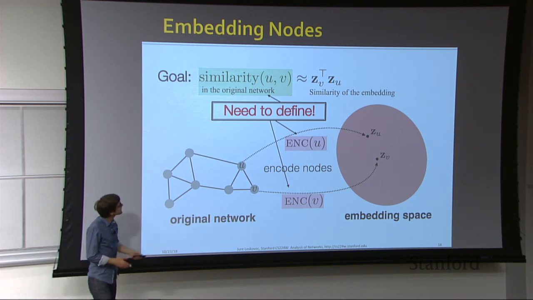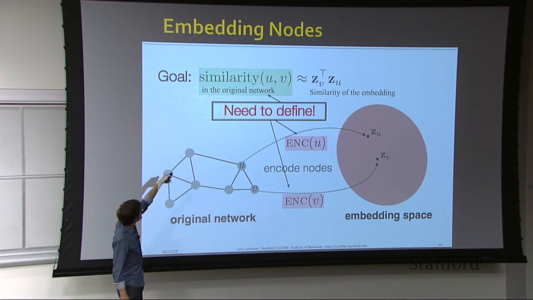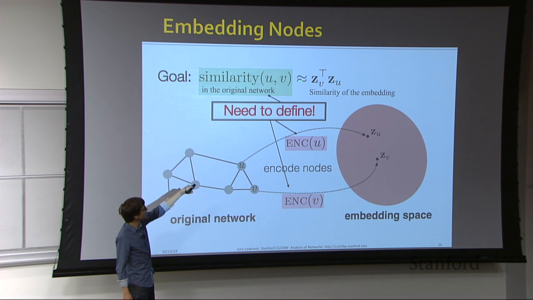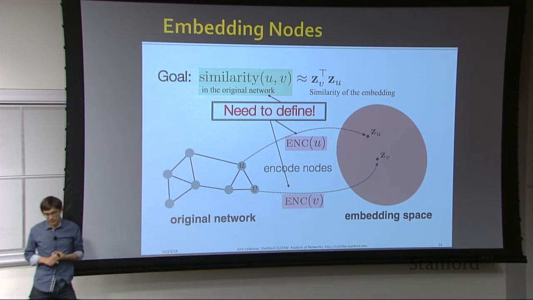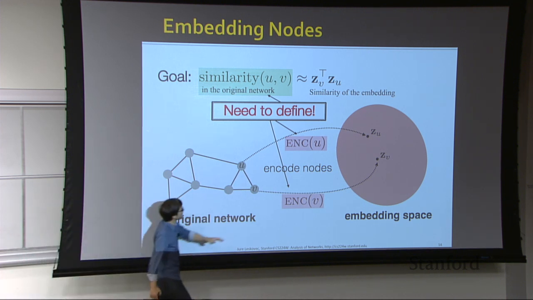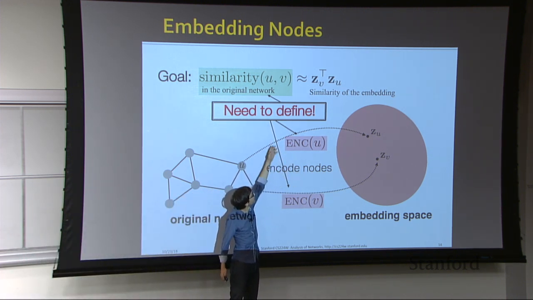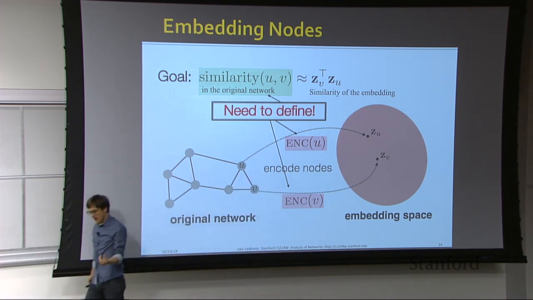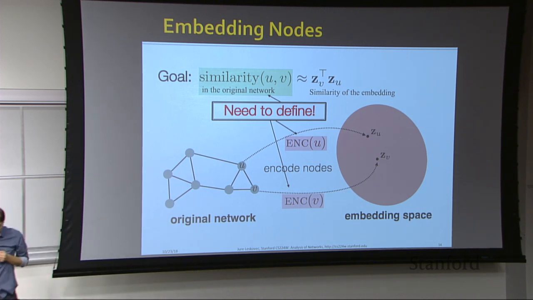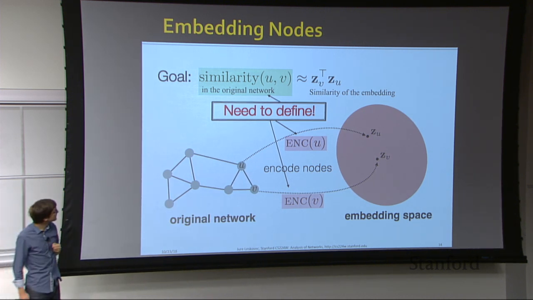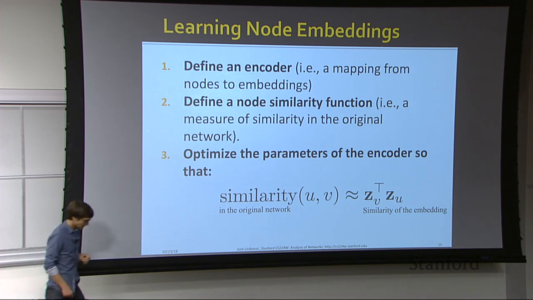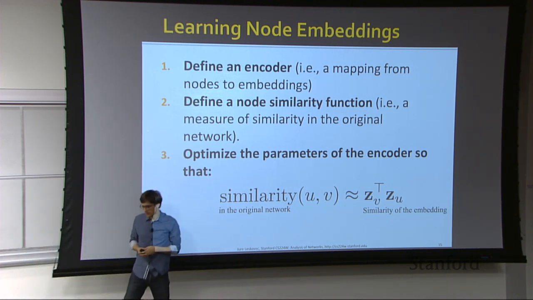And what is our task? Our task is to define what does this similarity mean, and how do we then determine the coordinates that optimize this network similarity. Right? So our goal will be to define this notion of network similarity and then optimize the coordinates so that network similarity is preserved. Okay? So here are 3 steps to the algorithm.